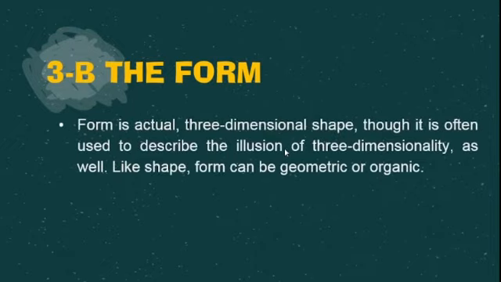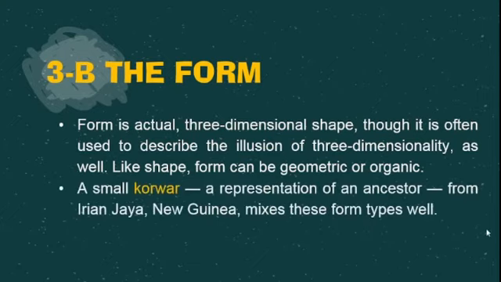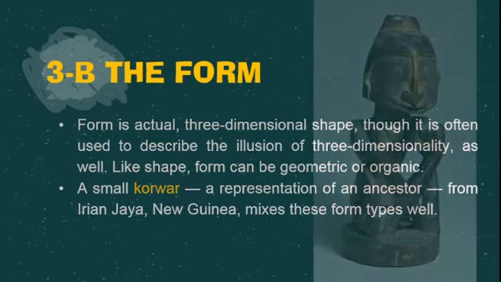Okay. Next, we have the form. Form is actual three-dimensional shape, though it is often used to describe the illusion of three-dimensionality as well. Like shape, form can be geometric or organic. A small korwar, or a representation of an ancestor from Irian Jaya, New Guinea, mixes these form types well.